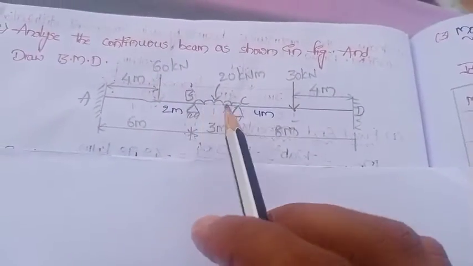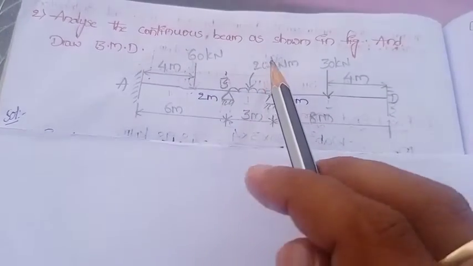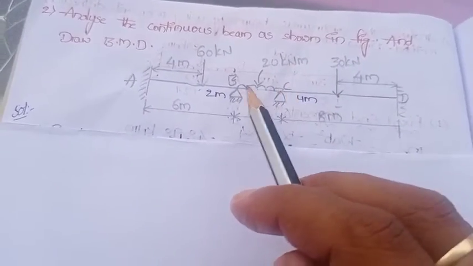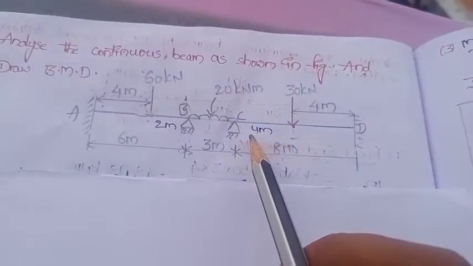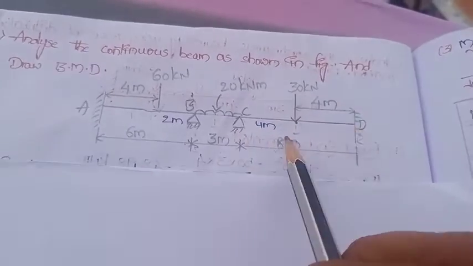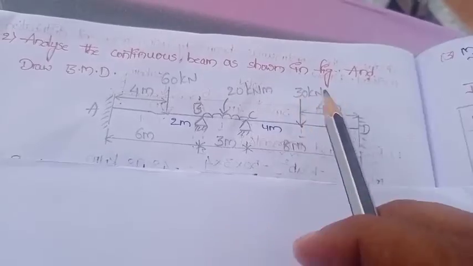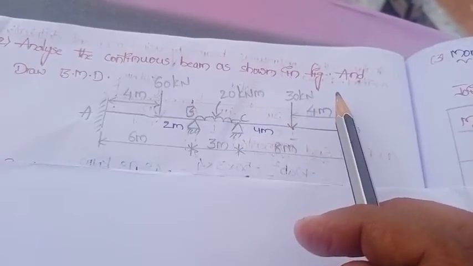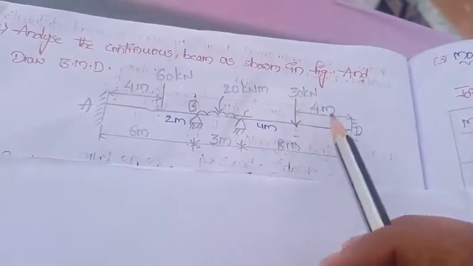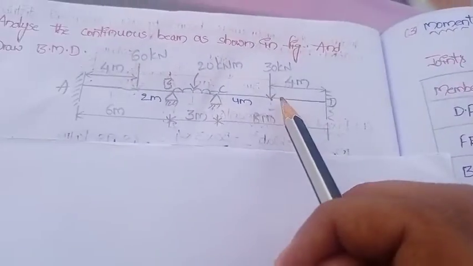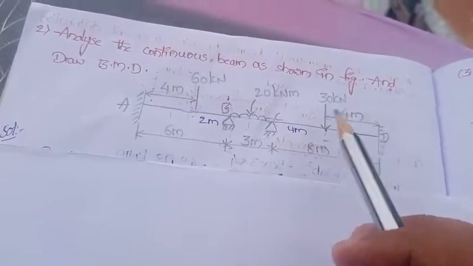The length of the BC span is 3 meters, and a uniformly distributed load of 20 kilonewton per meter is acting on the BC span. The length of the CD span is 8 meters. Here a point load is acting at the center of this span, so this load is called a central point load.